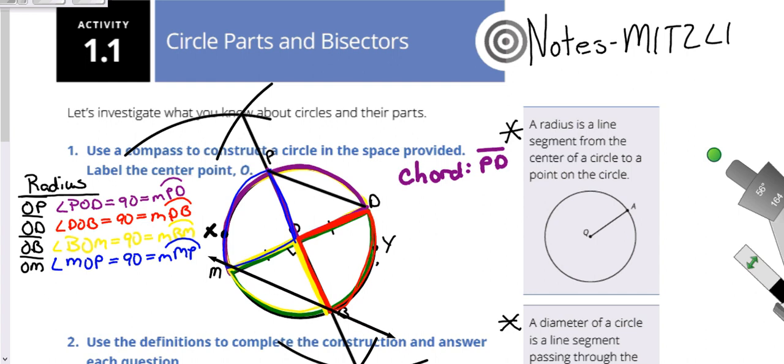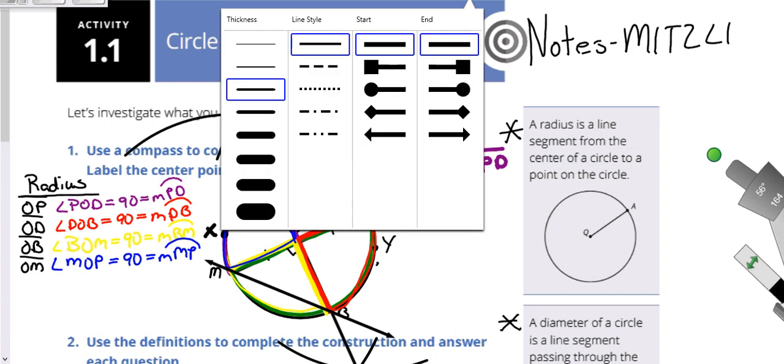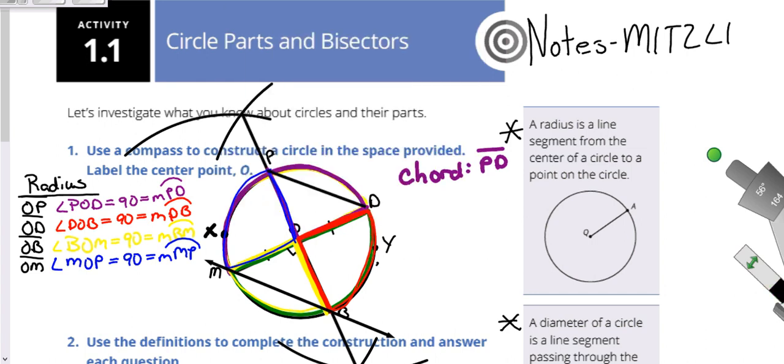And that's my secant. Didn't quite go through M. Let's see if I can. A little bit there. It's a little better. There we go. So now my secant is MB. And this again has the arrows on the end. So I know it's not arc MB, I know it's my line MB.